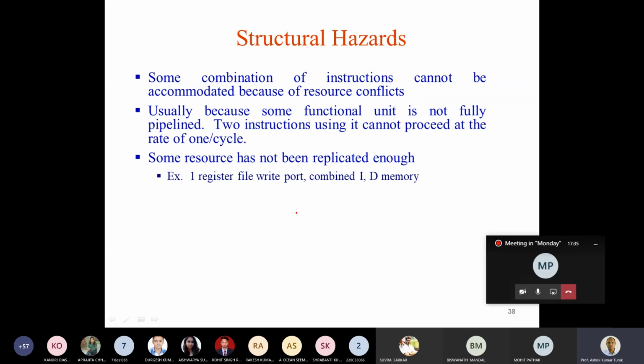In your 5-stage pipeline, in the instruction fetch stage you fetch the instruction, in the instruction decode stage you read the registers, and in the memory stage you fetch an operand from memory.